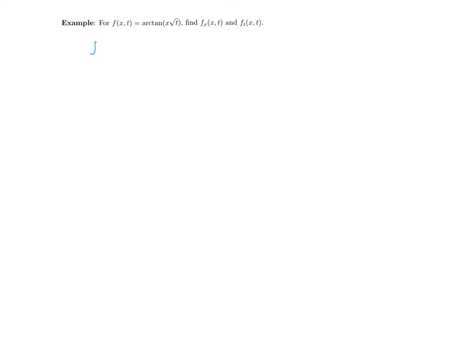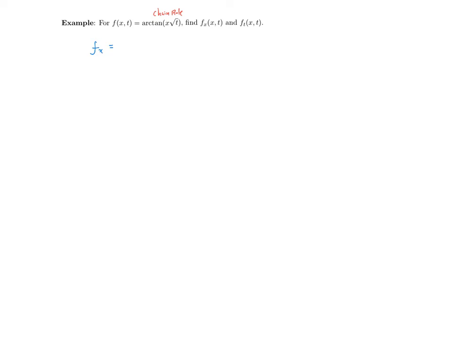For the partial with respect to x, or in a moment the partial with respect to t, we approach this in the exact same way. Note that we have arctangent of x square root of t, and that of in there indicates that we have a composition, so we are going to need to use the chain rule to get started.